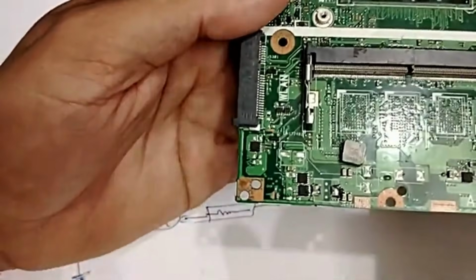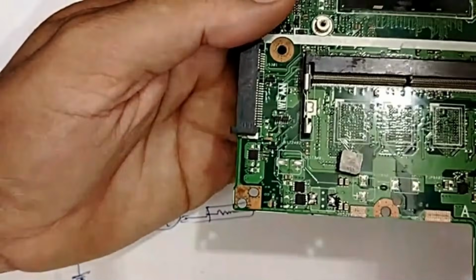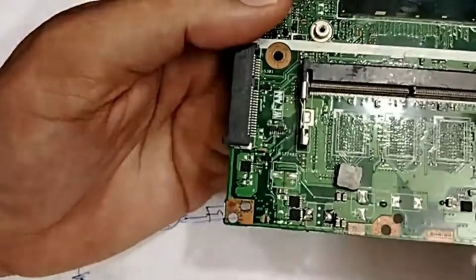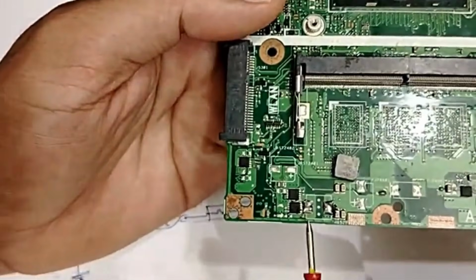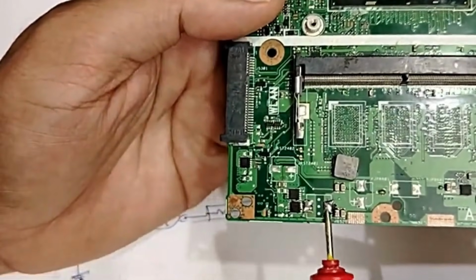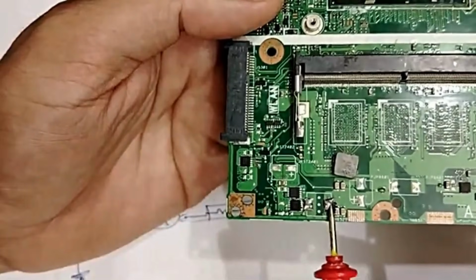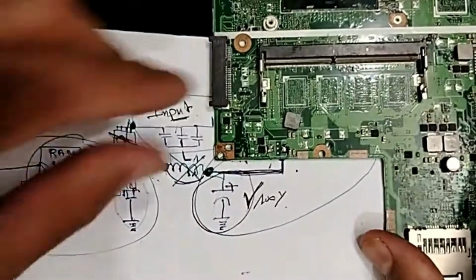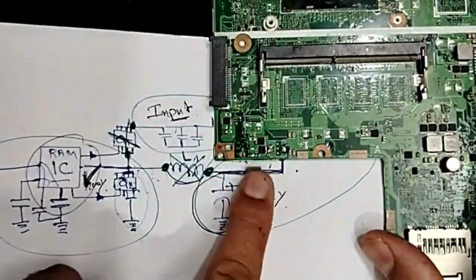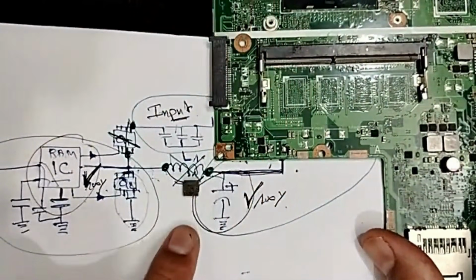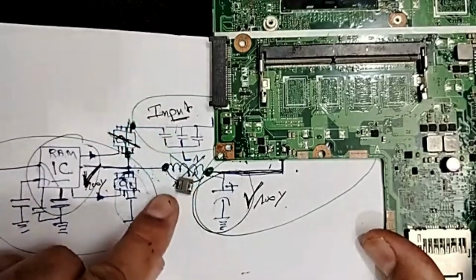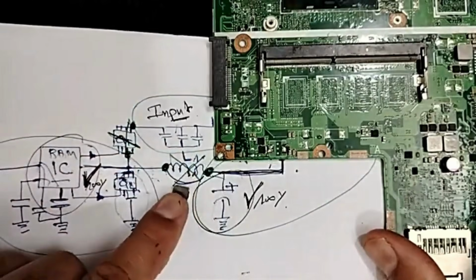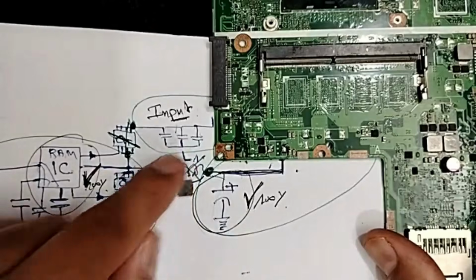Now let's recheck, my friends. We have to find whether the short is in this side or in this side, just one side. Let's test right now. This inductor is this one. Sorry, this is the same inductor.